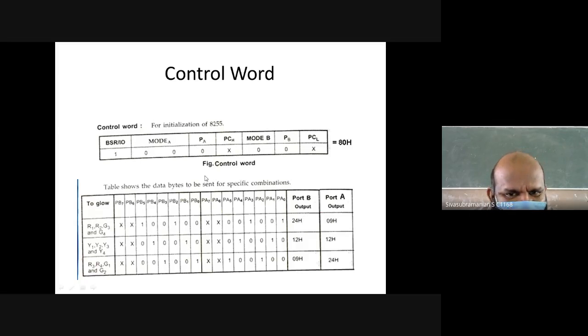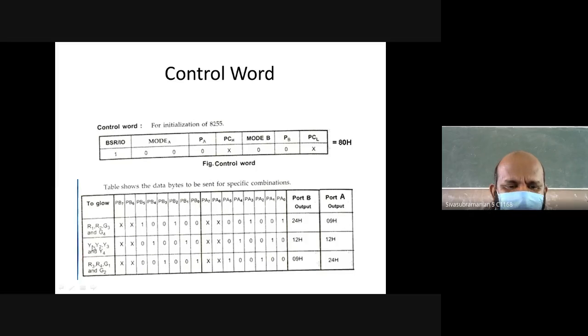So this is how your control word is generated. 1 for BSR I/O mode, and for mode A it is 00, port A is 0, port C upper is 0, port C lower is a don't care, just because we are not using port C in our structure. Port B is again assigned 0 and mode B is assigned 0. So leaving behind 1, 000, don't care, 0, 0, don't care. So that means it is 8 here and 0 here. So my control word for initialization of the 8255 stands to be 80H.